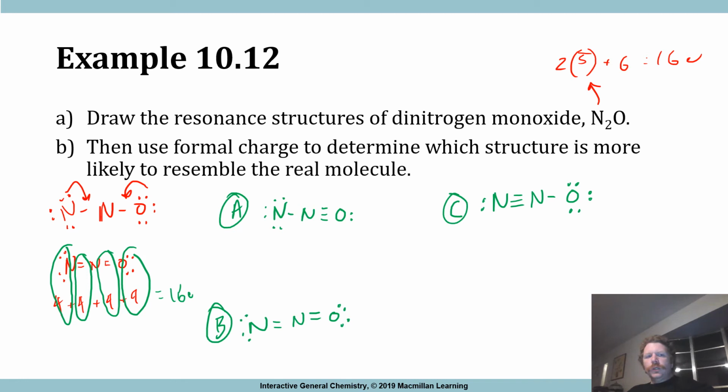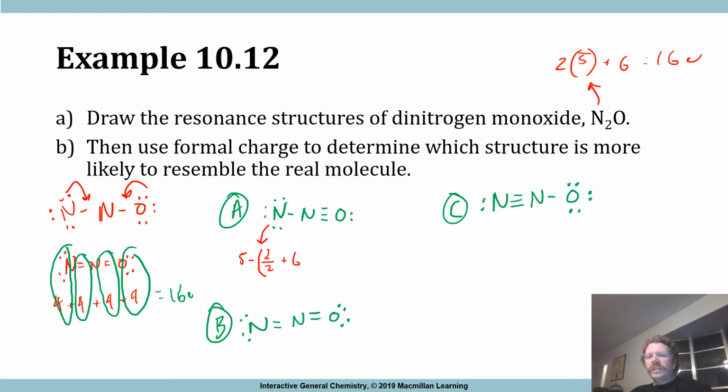Looking at this nitrogen's formal charge, I'm going to say my valence electrons, which is 5, minus the number of shared electrons, which in this case, I have 1 shared pair of electrons, so that would be 2 divided by 2, in parentheses, and then I'm going to add to that my unshared electrons.